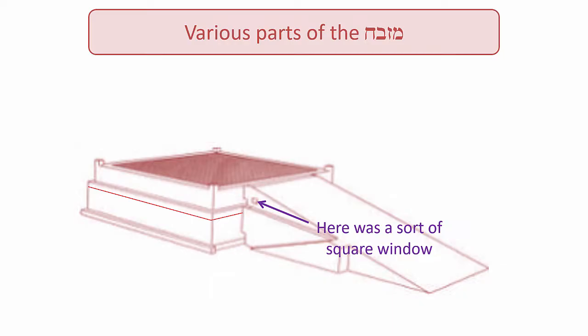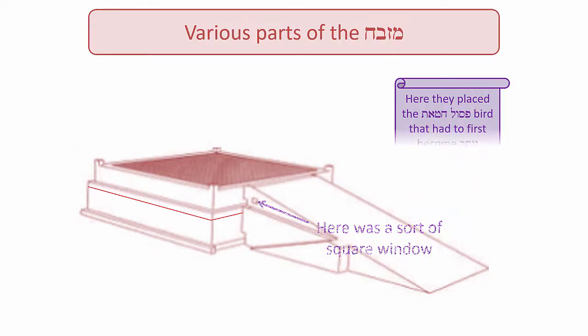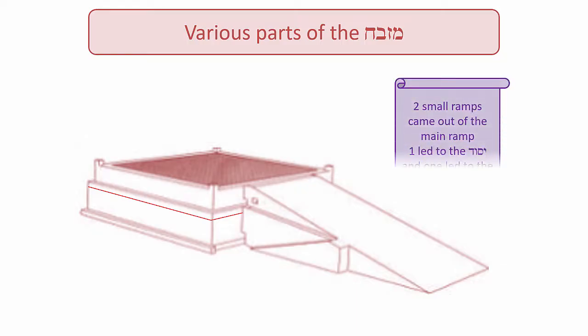And then finally, there was a sort of square window here, and here they placed the psul chatas bird that had to first become nicer, or maybe others say it had to first get completely rotted and ruined before being removed and burnt. And the final part over here is that two small ramps came out of the main ramp, and the way the image is over here is incorrect, and we're not going to go into the way it actually was, but two small ramps came out of the main ramp.